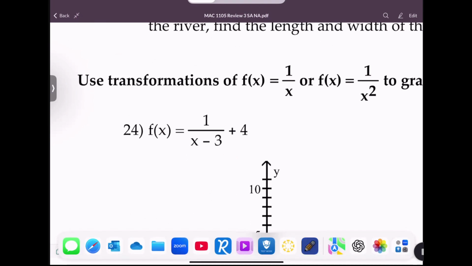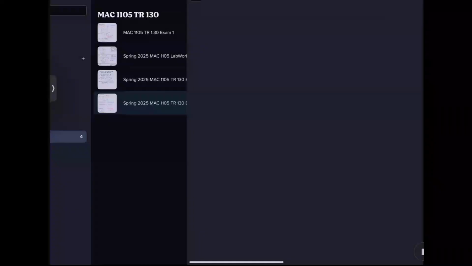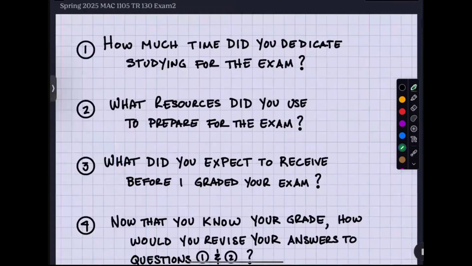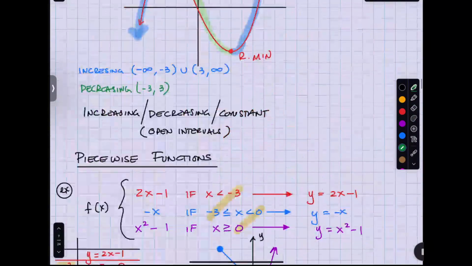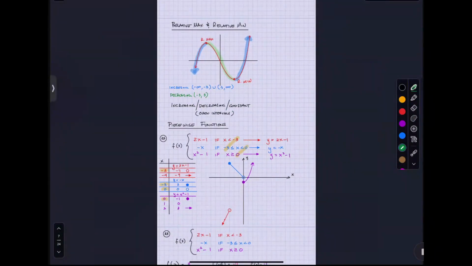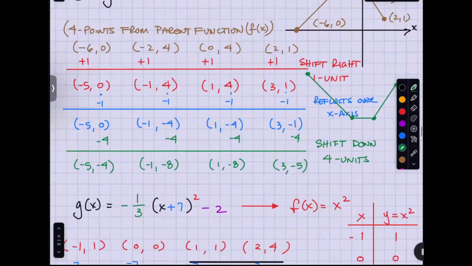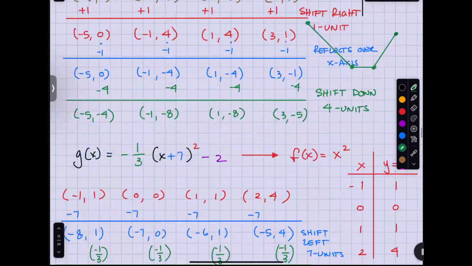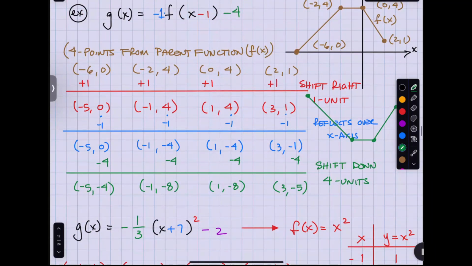Here, let me go back to the transformation notes for you guys. What was the first step we did before we even dealt with the equation?